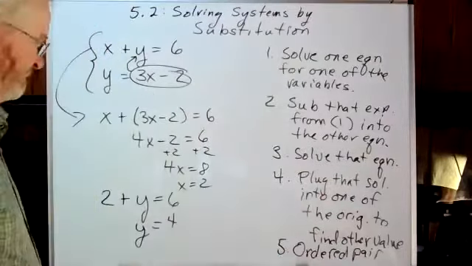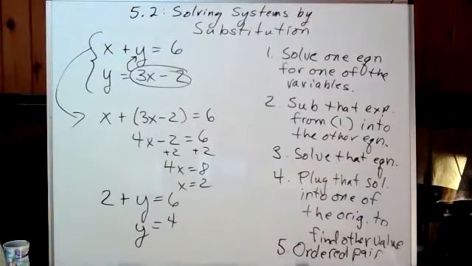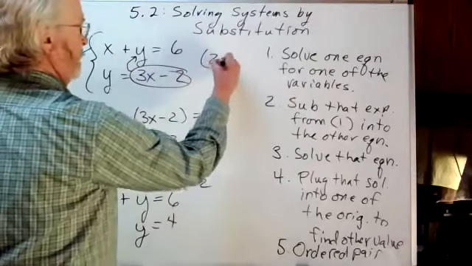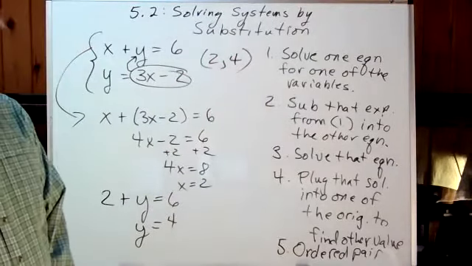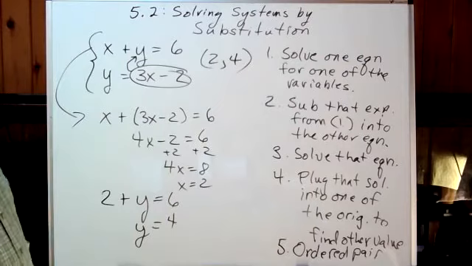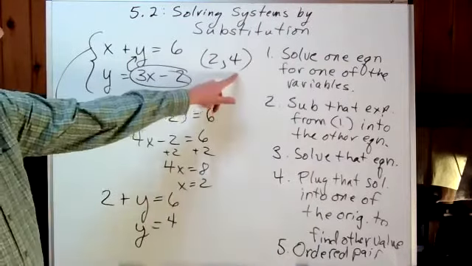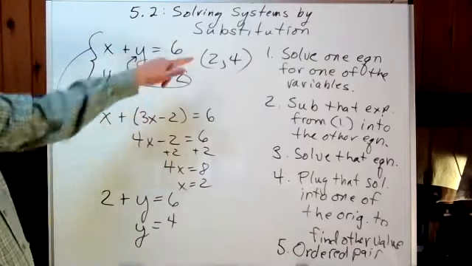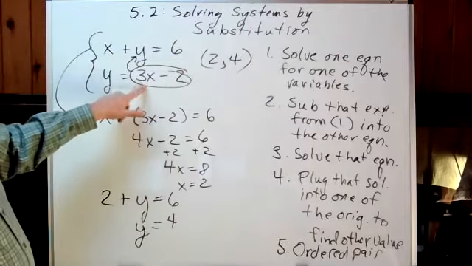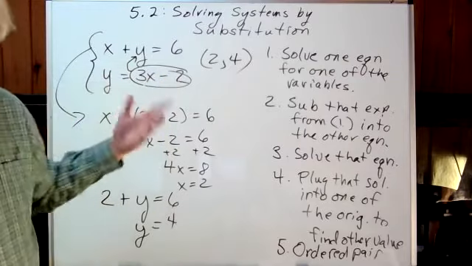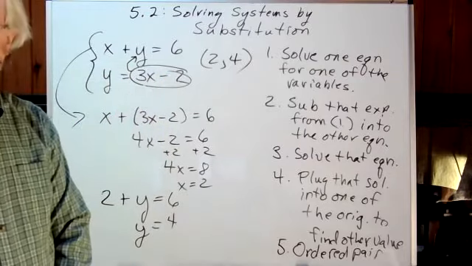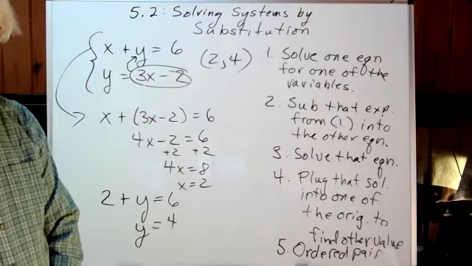I knew what you were doing, but you've got to be careful. If it asks for an ordered pair, you've got to write the ordered pair. There's our solution. Now you can always check. 2 plus 4 equals 6, or let's see, 3 times 2 is 6, minus 2 is the 4. Yes, it works in both equations, so you can always check if you've got the right solution.